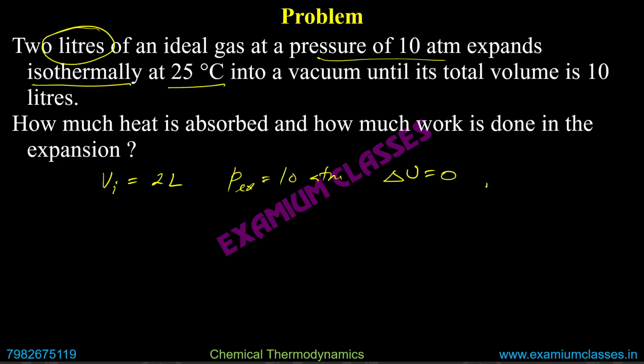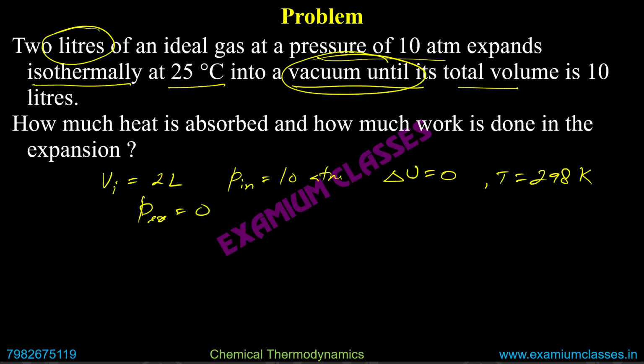At 25 degrees Celsius means temperature is 298 Kelvin. In a vacuum, okay, so it was actually P initial, internal. Vacuum means P external is 0 here. Till the total volume is 10 liters means V final is 10 liters.